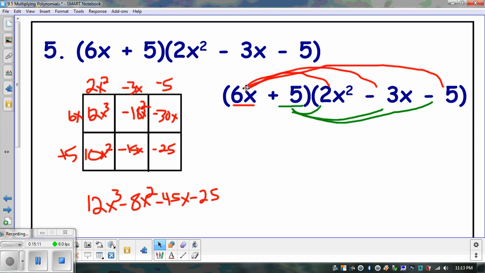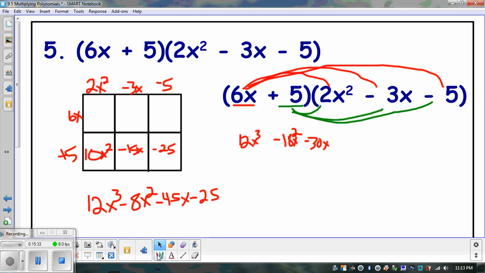When we do 6x times 2x squared, that is 12x to the third. If we do 6x times negative 3x, there's our negative 18x squared. And then 6x times negative 5 is negative 30x.